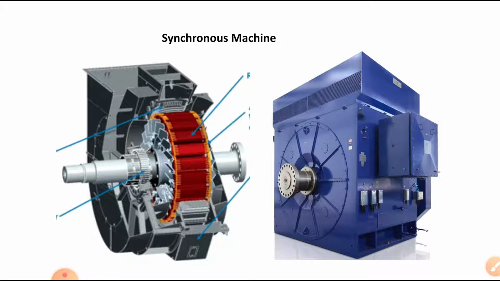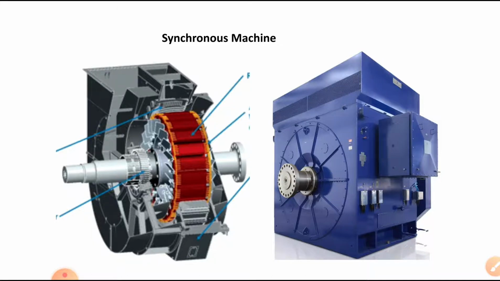Synchronous motors can be used in industries to improve the power factor. Already we discussed this in the last classes. The induction generator is used in windmills. So these are all 3-phase AC motors, and we need to know how to draw their windings.